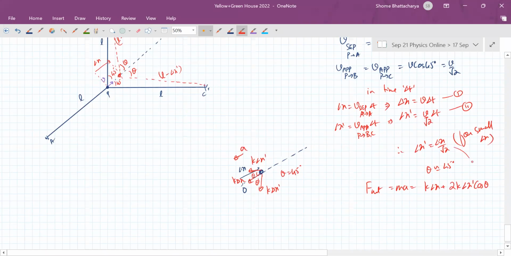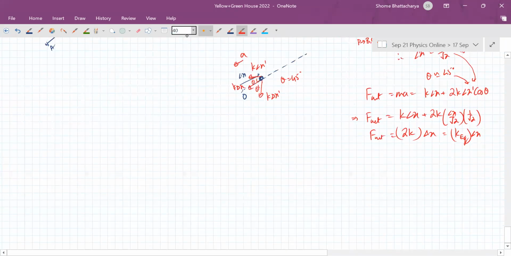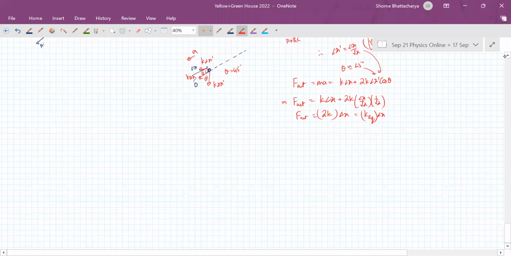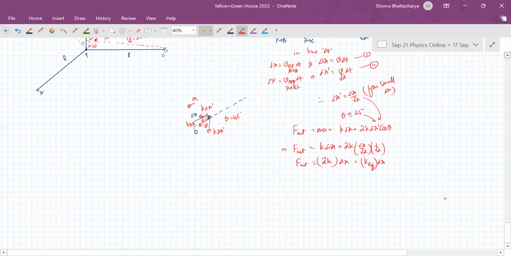Now substitute this relation and substitute this value. So the net force will become... From this you can see your equivalent spring constant in this particular case is becoming 2K.